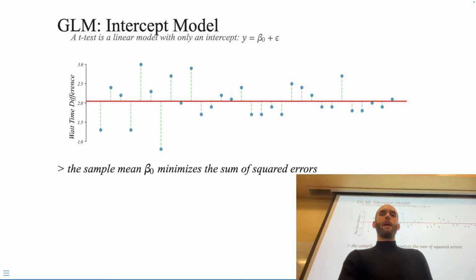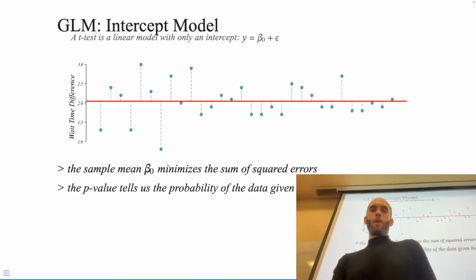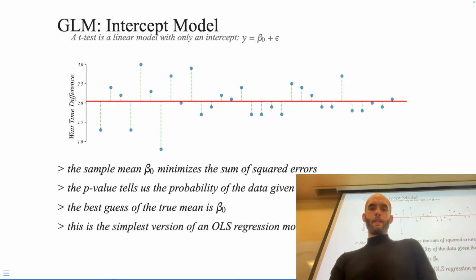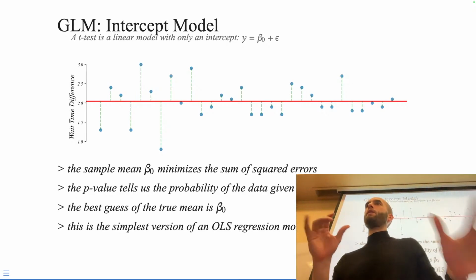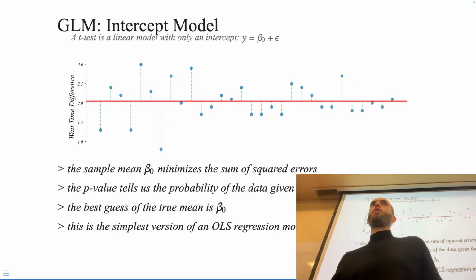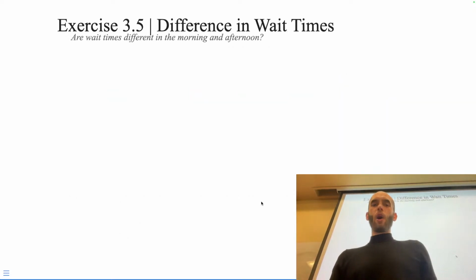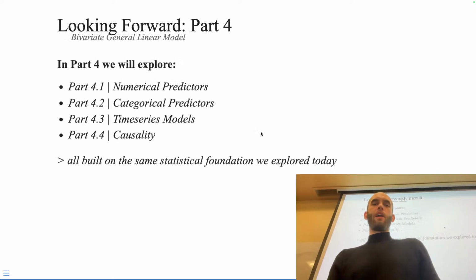All right. So just a bit of review here. Part of the idea here is this is the simplest version of OLS, ordinary least squares, or regression. These all are generally the same name: general linear model, regression, ordinary least squares. Where we're going in this class after this exercise, we're in part 4, which will start on Thursday.